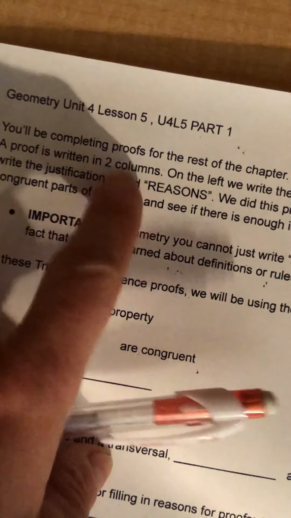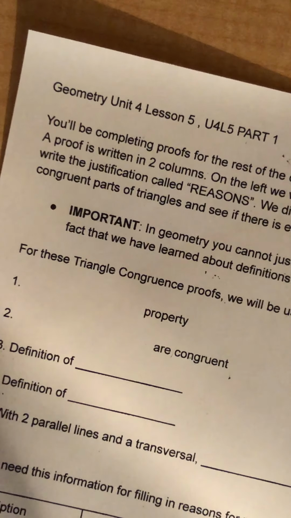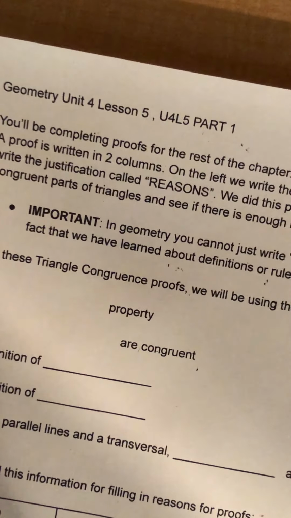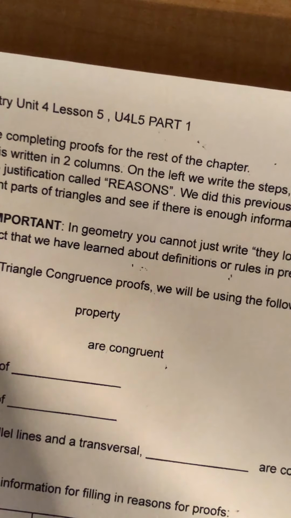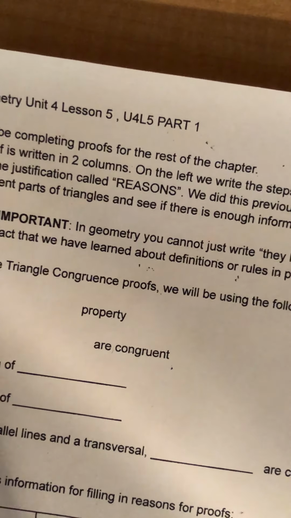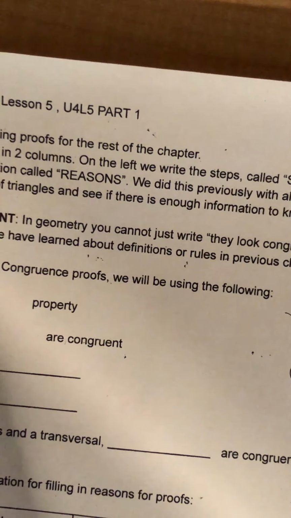You'll be completing proofs for the rest of the chapter. A proof is written in 2 columns. On the left, we write the steps called statements. That's just like before. And on the right, the justification, which is called reasons. So we did this with algebraic proofs.